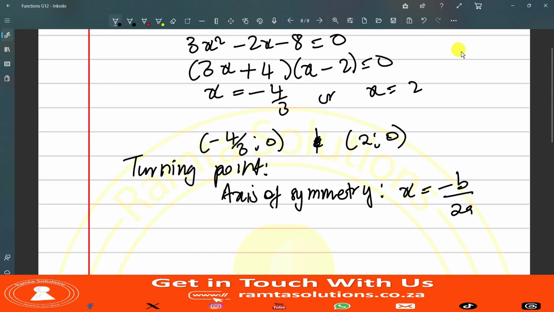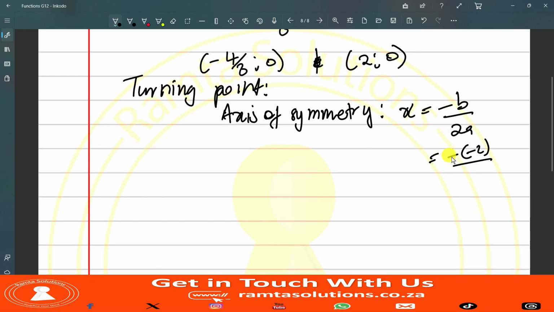Remember, this is the b related to the quadratic. What is it? It is negative 2. Then, what is the value of a? It's positive 3. So, it's 2 over 3. Now, this becomes 1 over 3.